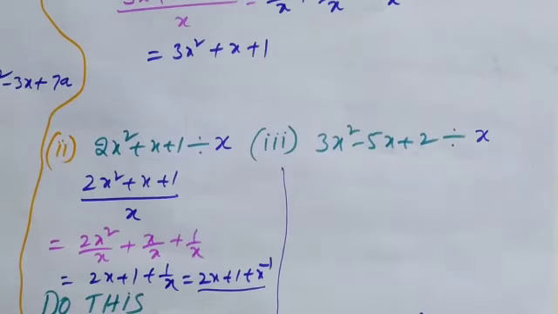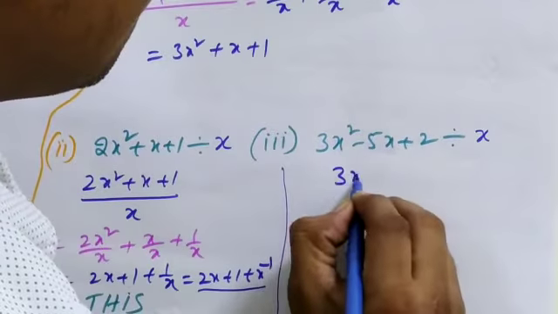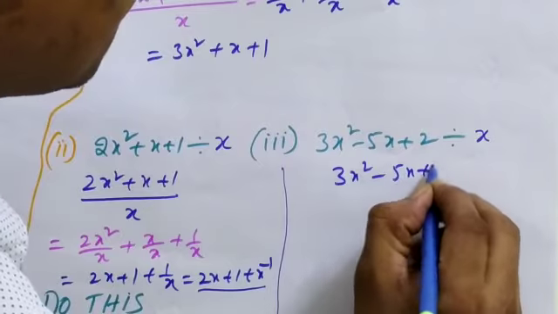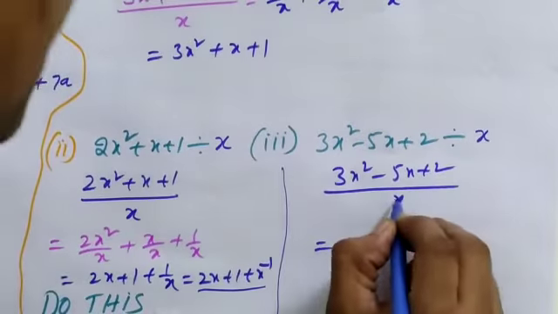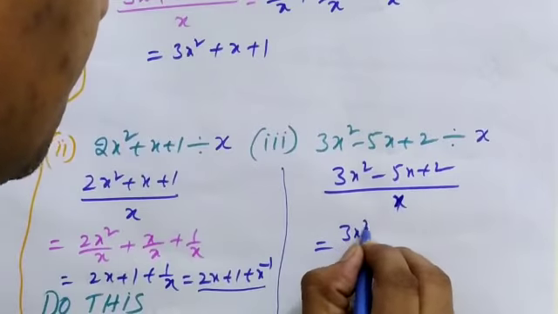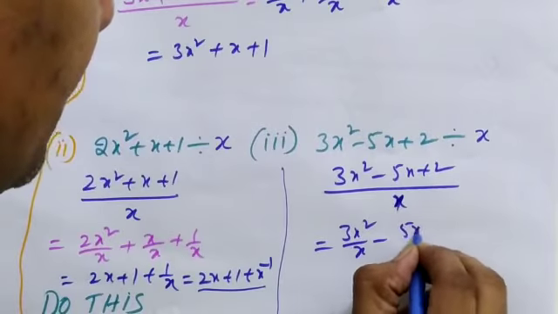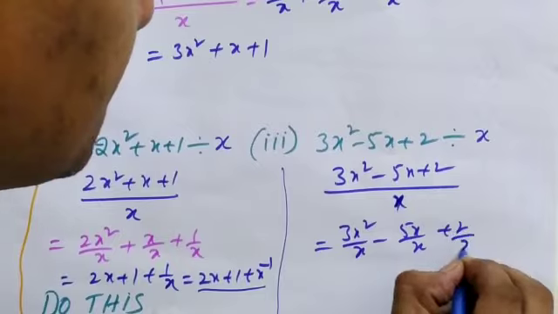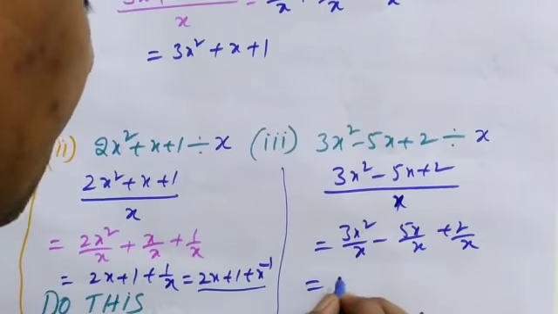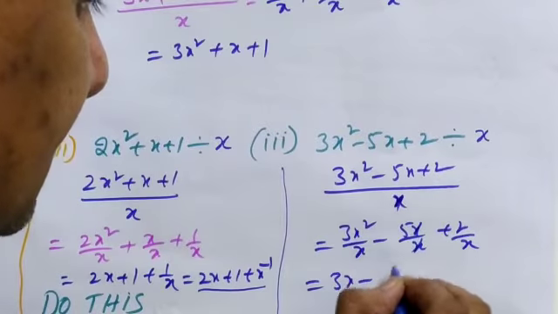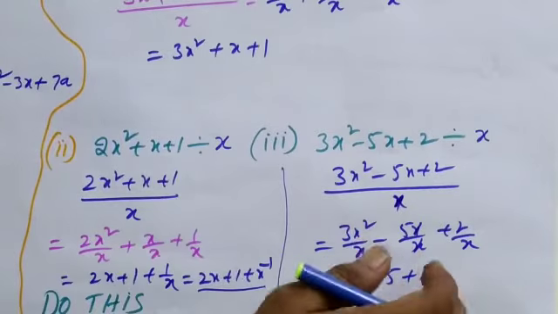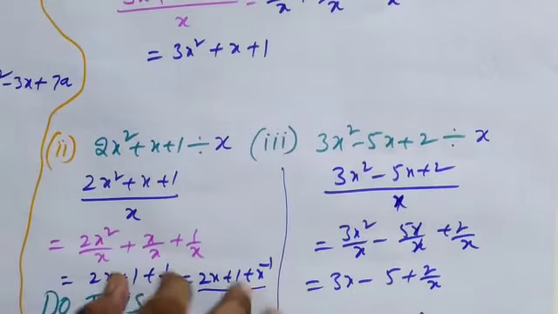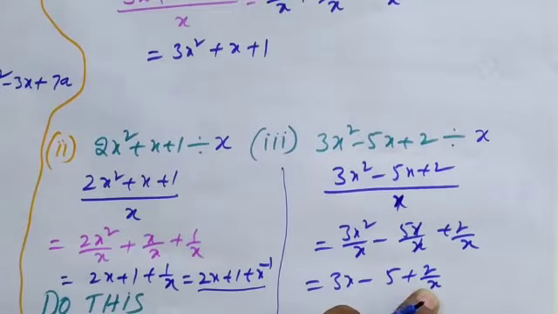Go to 3: 3x square minus 5x plus 2 divided by x. Divide individually: 3x square by x minus 5x by x plus 2 by x. Therefore, x square by x means x, so 3x minus 5 plus 2 by x. This is also not a polynomial, as discussed just before. Here x is in the denominator.